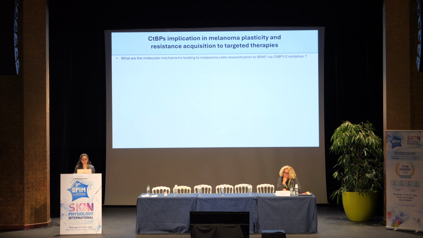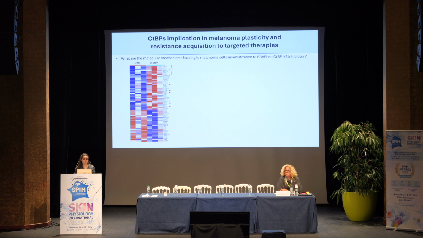But now the question is, what are the molecular mechanisms leading to this resensitization? And to answer this question, we performed RNA sequencing in order to compare SH control versus SH CTBP1 and 2, and we obtained different results.